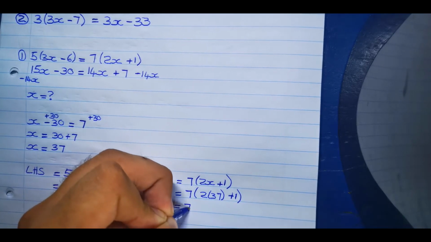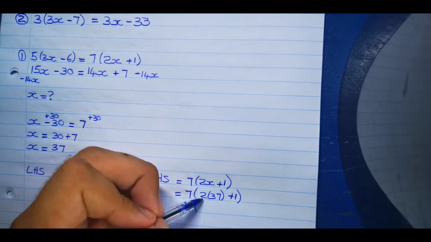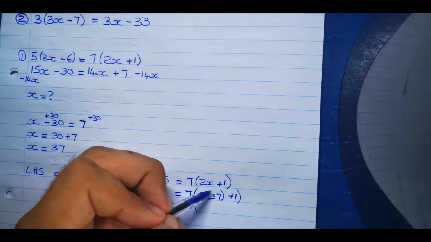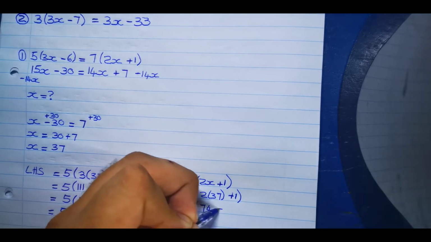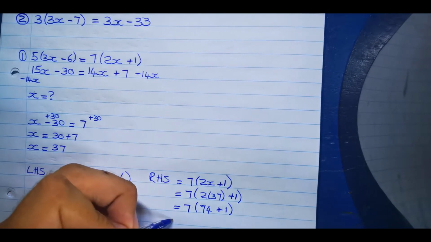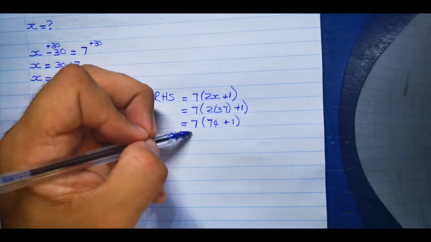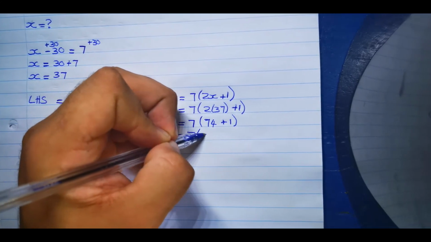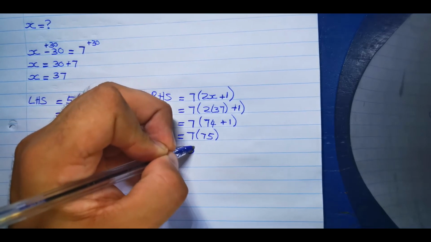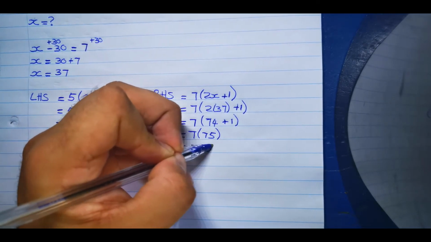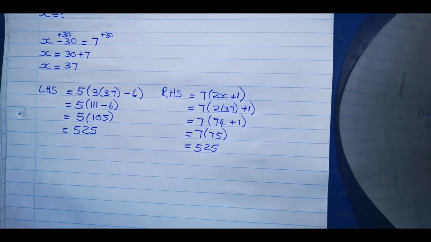So it's 74 plus 1, and then we are left with 7 times 75, which is also equal to 525. Okay, so our final answer is x is equal to 37.